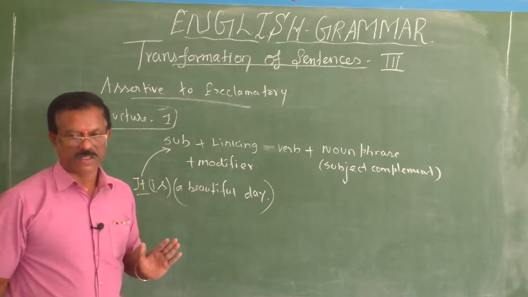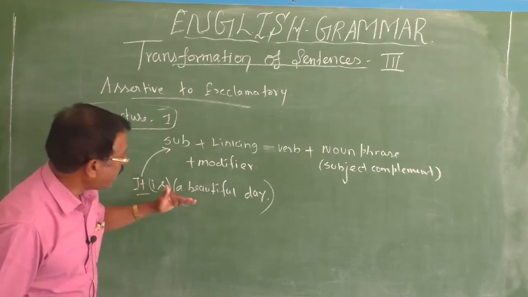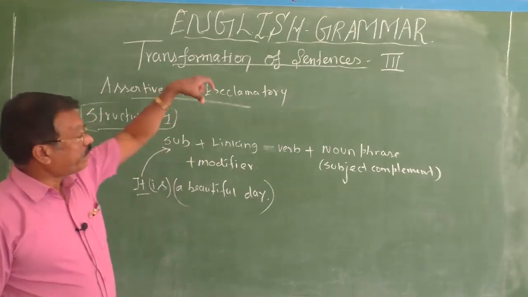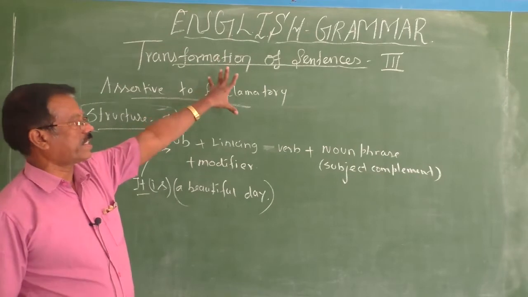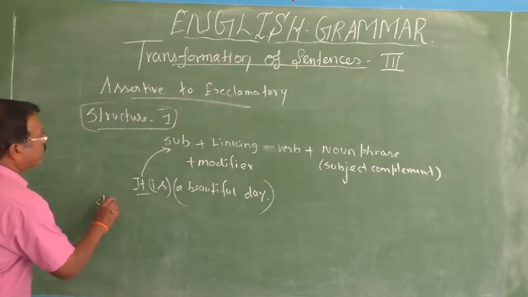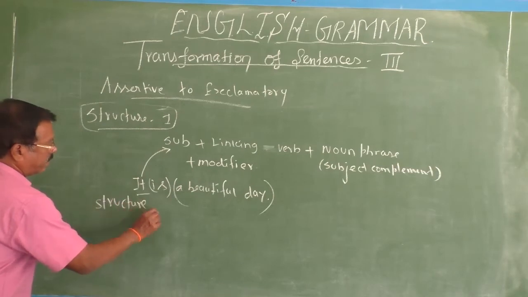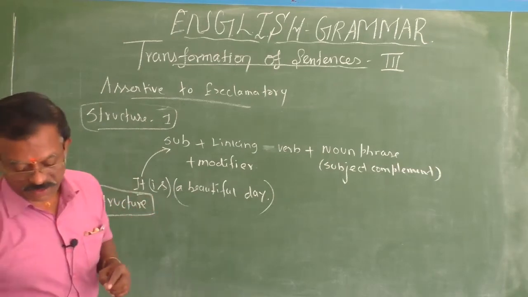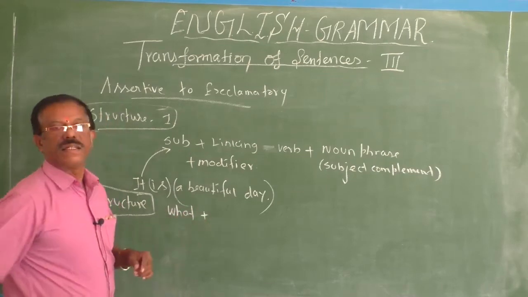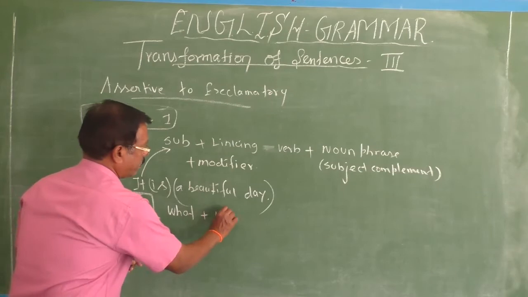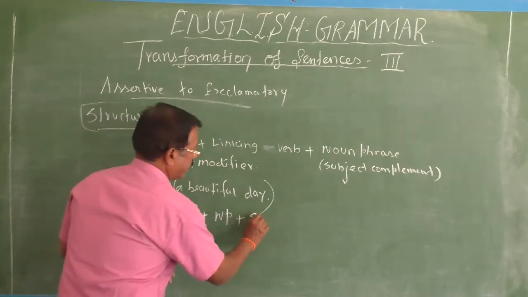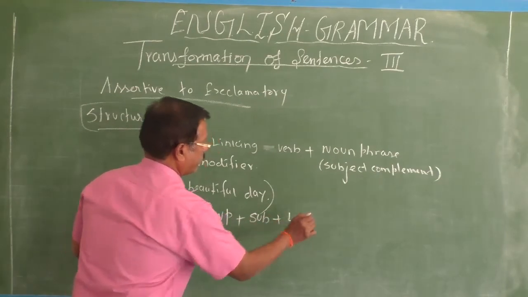It's an affirmative sentence. Then we have to change this affirmative sentence into an exclamatory sentence. Then what will be the structure of an exclamatory sentence? That you should know. The structure of an exclamatory sentence: what plus the noun phrase, then subject plus link verb.